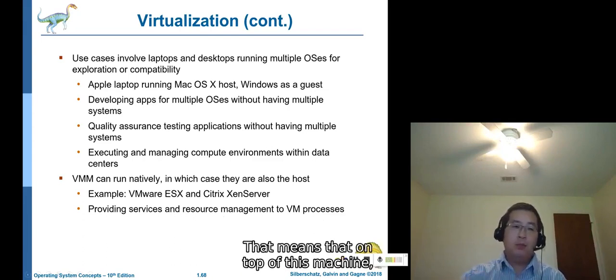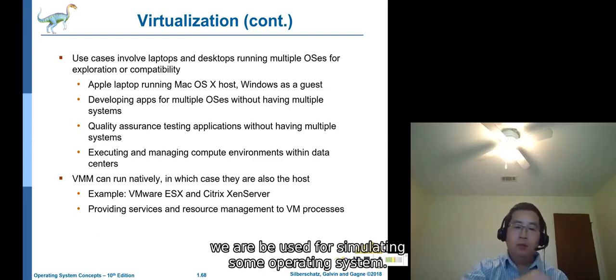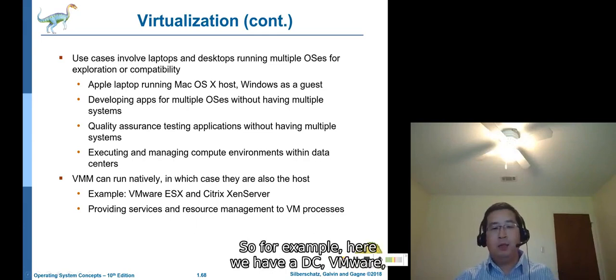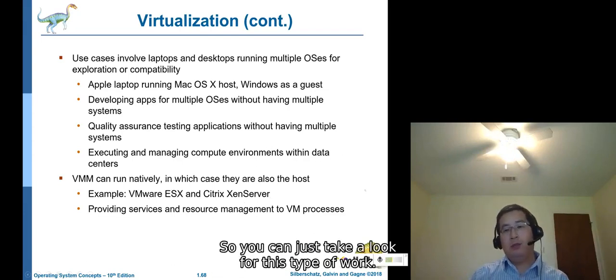That means on top of this virtual machine manager, you install virtual machines, and each virtual machine is used for simulating some operating system. For example, here we have VMware ESX and the Citrix XenServer. You can just take a look at this type of thing.